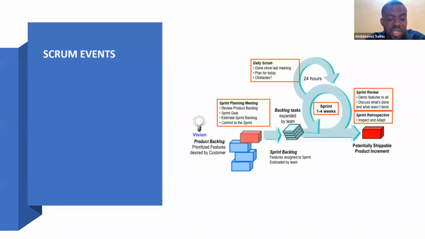The Scrum Master just ensures that the team members are available to share what they've been able to achieve with the team. It's only to answer the questions: what did you work on yesterday? What did you intend to work on today? Are there impediments?